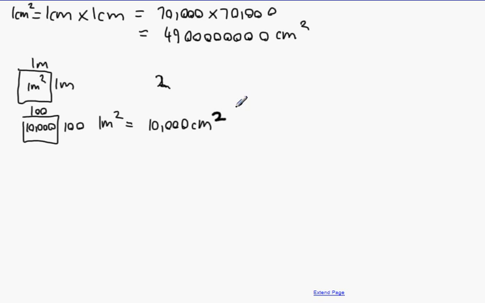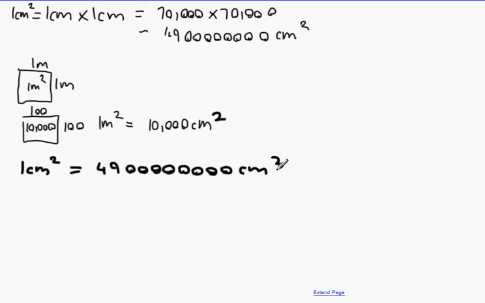So basically, what we have to say is that 1 centimetre squared on the map equals 49 and 8 zeros centimetres squared in real life.